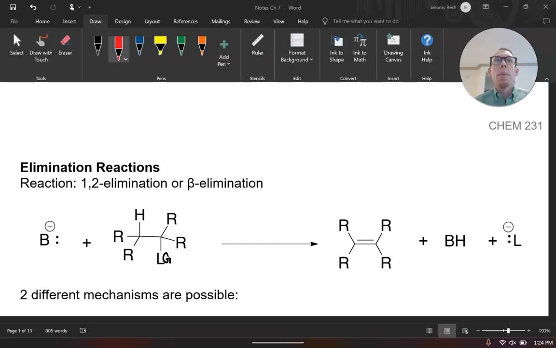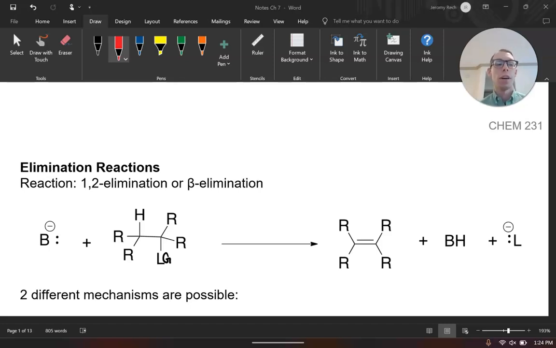Nucleophilicity is the propensity, or how good your structure is at attacking an electrophilic carbon. Basicity is how good you are at abstracting a proton. If you have a strong nucleophile, you're much more likely to do your substitution. If you have a strong base, you're much more likely to eliminate. In elimination reactions, we are going to have a base, which you can call B, and B and our nucleophile are both very similar.